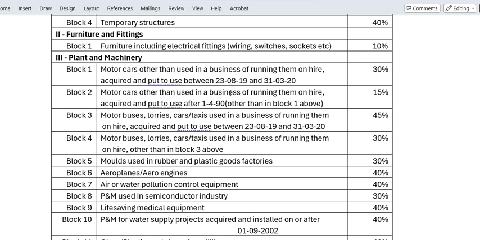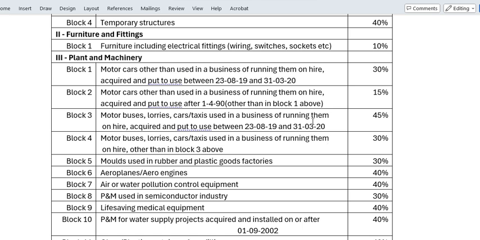Motor cars other than those used in business of running them on hire, meaning for renting purpose, car hiring. If you are hiring, the use is more. If you are using it in business between 23/8/19 and 31/3/20, it is 30%. And after 1/4/90, you will get 15%.